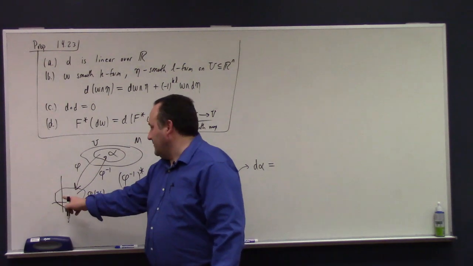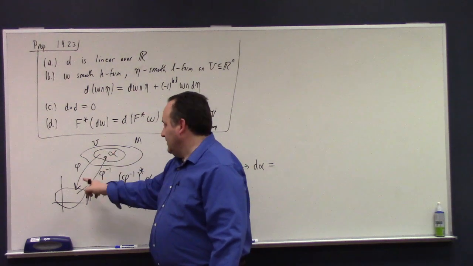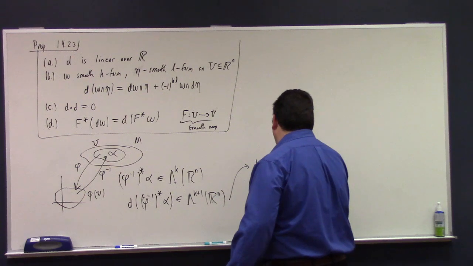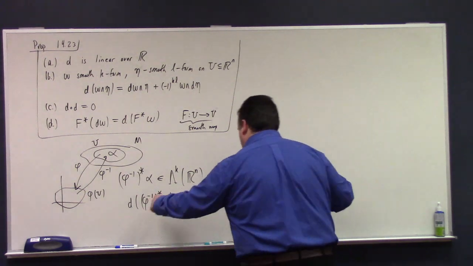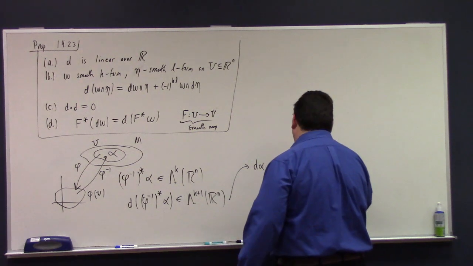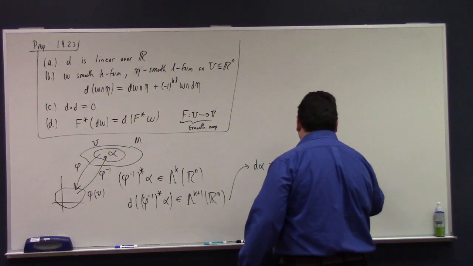How do I bring it back up here? Pull it back, right? Pull it back with the coordinate chart. So I do the pullback under the coordinate chart of the differential of the pullback under the inverse of alpha.